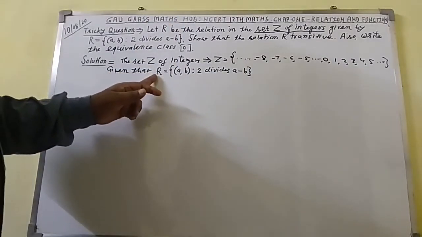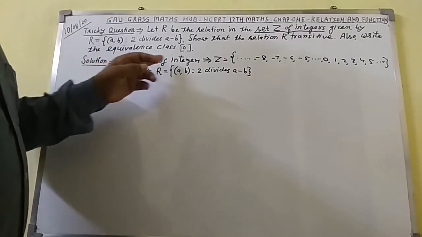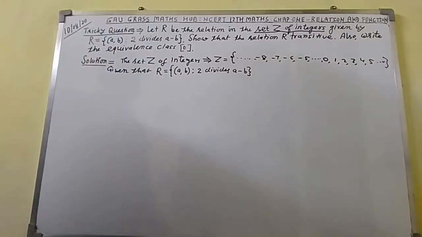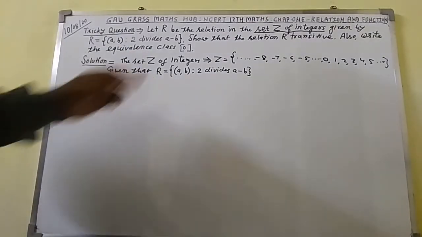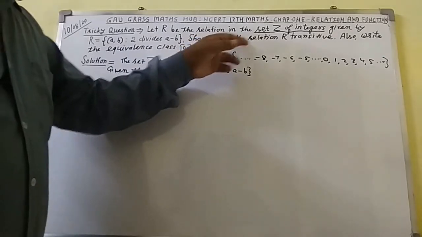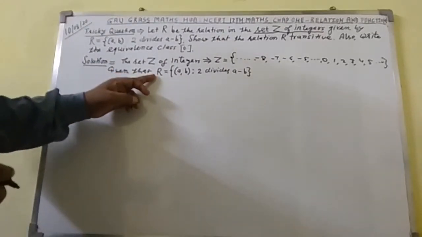This is the relation on the set of integers. So now what to do? It says we have to show that the relation capital R is transitive. This relation is transitive, we have to show.